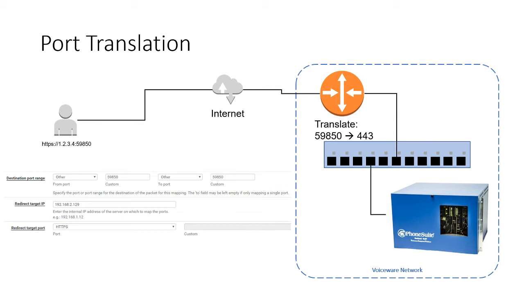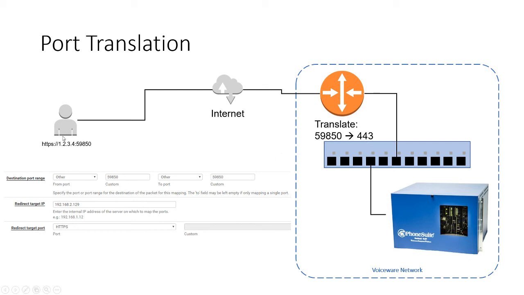So what happens here is you tell the firewall that when you get a request on one port, to go ahead and translate it to a different port before you pass it internally. And what's very common to see set up is a translation like this. We'll translate 59850 and we'll translate that to port 443 internally.